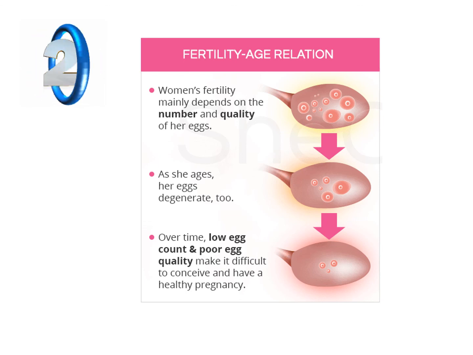So as the female is becoming older, the eggs are also becoming older. Because of this, the ability of the eggs to divide becomes lower, and they cannot complete meiotic division properly.